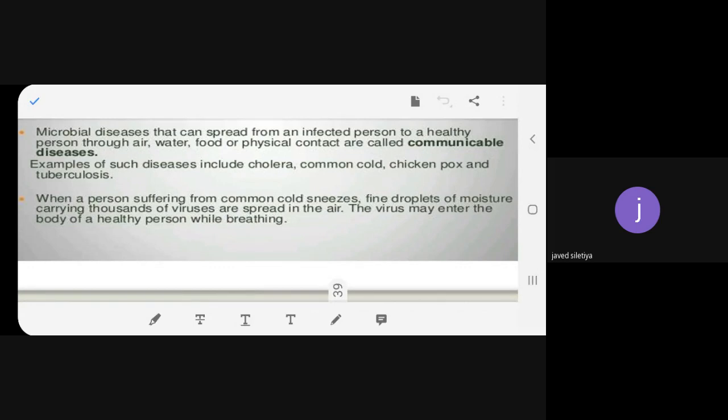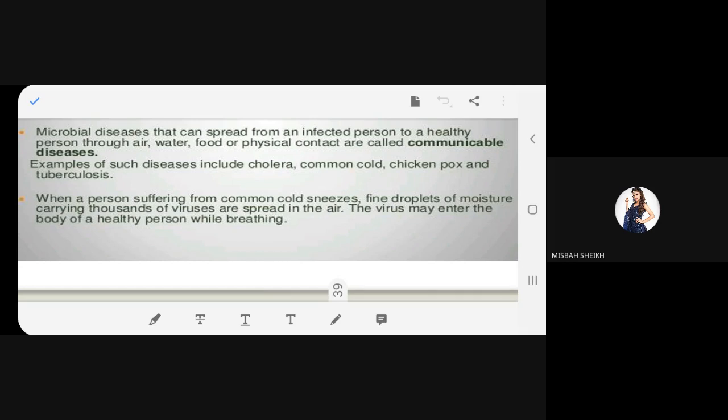Good. So I have got common cold and I cough or sneeze, right, beta? And I don't have a handkerchief to cover my mouth when I'm sneezing or coughing. What happens? From the nose and from the mouth, I cannot see, but very fine droplets carrying the viruses come out in the air. Am I right? Yes, ma'am. And obviously, air is moving, it is spreading in the air.